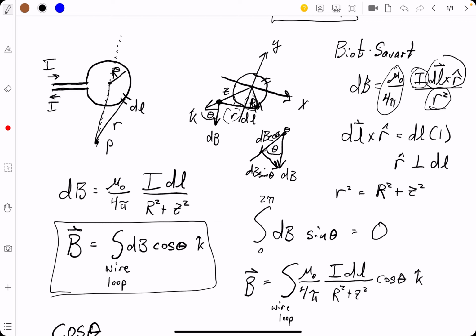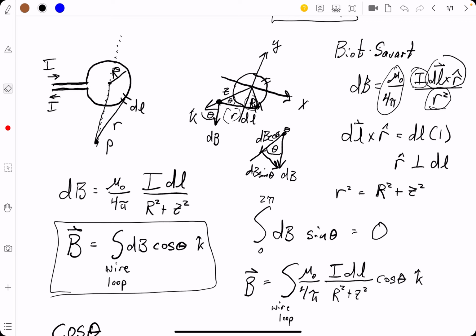Well, this is theta here. Is that theta? That's not theta. That's phi.